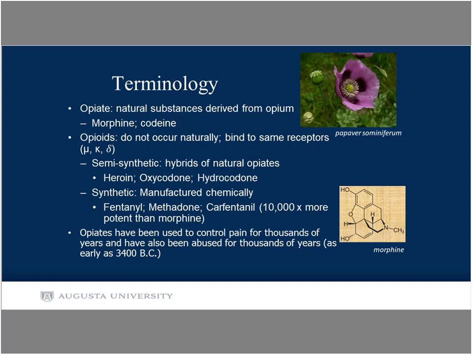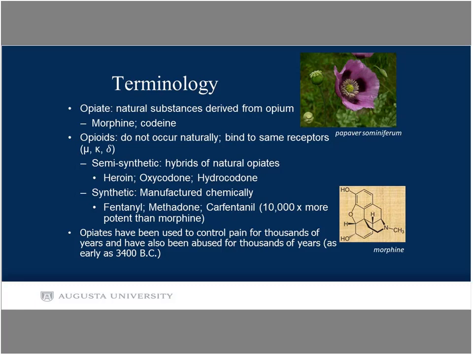And there can be semi-synthetic opioids, which are hybrids of natural opiates, and that includes heroin, as well as oxycodone and hydrocodone, which are common prescription medications. And then fully synthetic opioids, which are completely chemically manufactured, and that includes fentanyl, methadone, carfentanil, which is an interesting drug that's 10,000 times more potent than morphine.